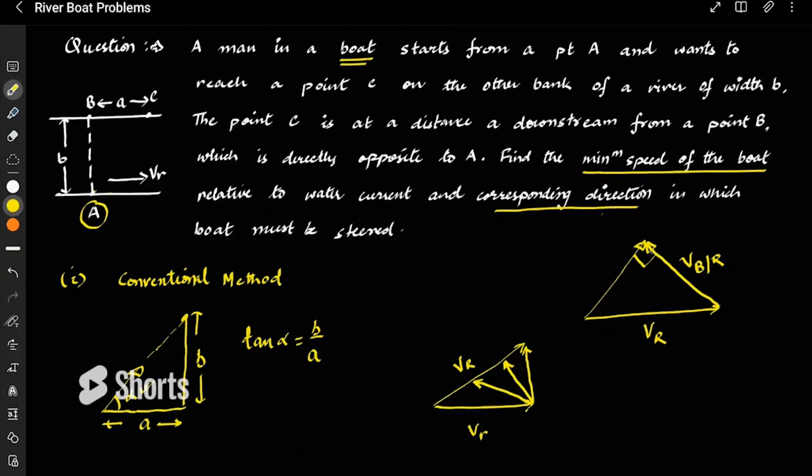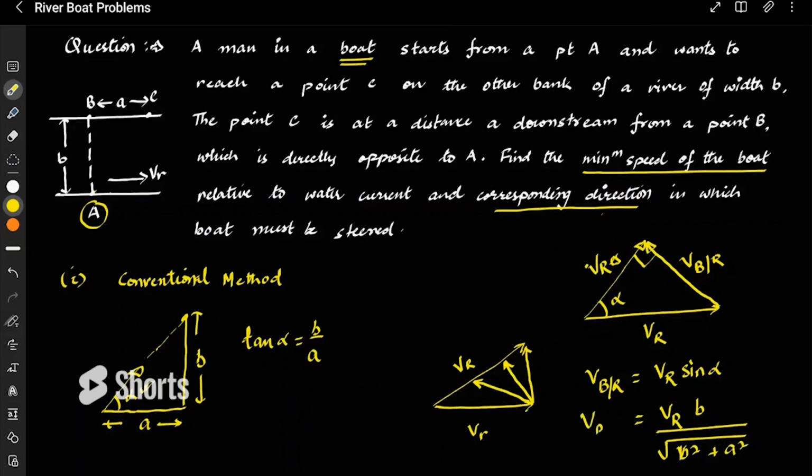And whenever it is perpendicular, because if the vector is not perpendicular, its magnitude will always be greater, it is minimum when it is perpendicular to the resultant direction. So clearly now you get the answer, because directly you will see that this is alpha, and the velocity of the boat with respect to the river is the velocity of the river times sine of alpha, and tan alpha we have already calculated as B by A. So sine alpha will be equal to B upon the square root of B square plus A square.